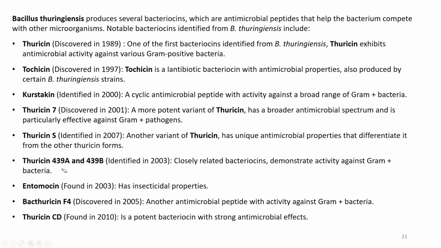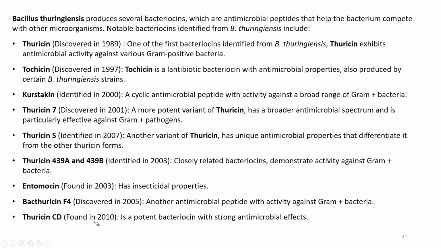Then there is crustacean, which was identified in 2000, basically a cyclic antimicrobial peptide with activity against a broad range of gram-positive bacteria. Then there is thuricin 7, discovered in 2001, which is a more potent variant of thuricin, having a broader antimicrobial spectrum, and is particularly effective against gram-positive bacteria.